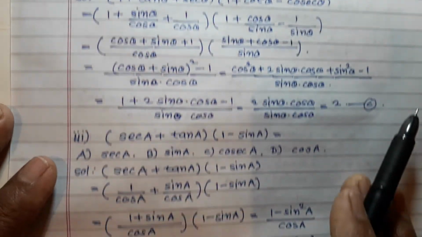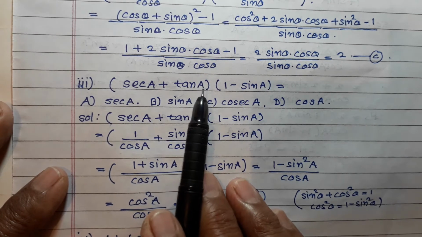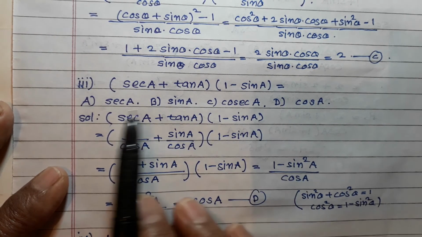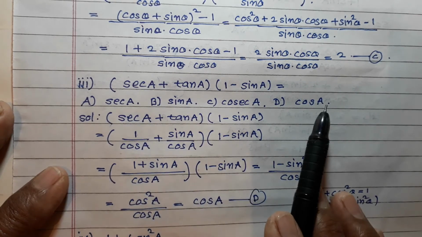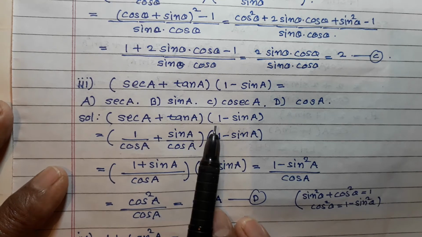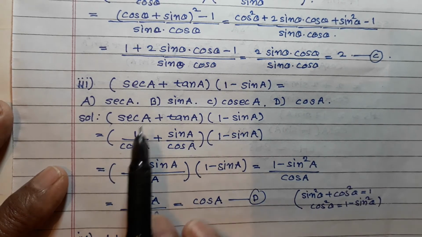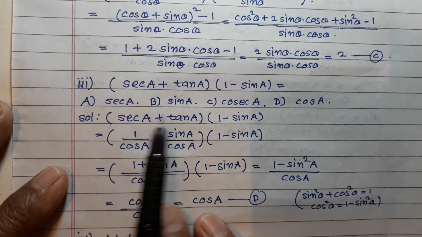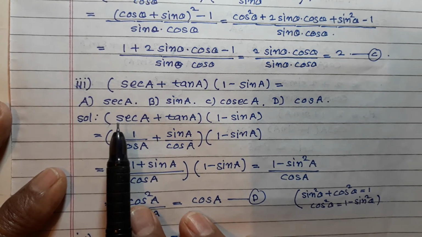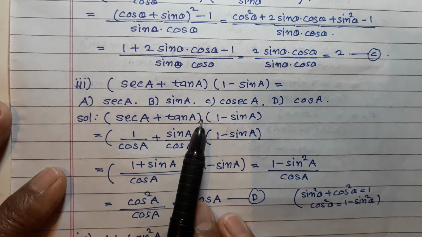Okay. Question number 3. Bracket sec A plus tan A into bracket 1 minus sin A is equal to, and some options are given here. Always remember, to proceed further you have to convert the given ratios.